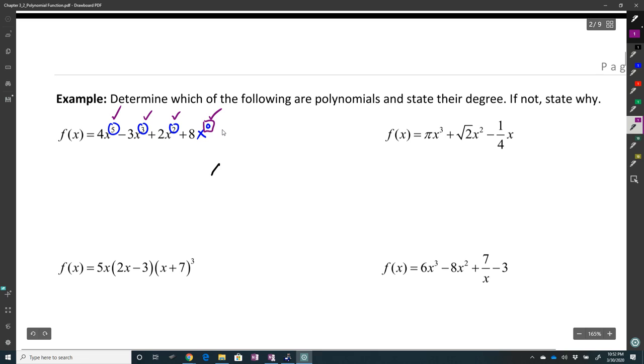Anyway, maybe to show that it fits the form. So now I look at all the numbers in front. Are all of these numbers real numbers? And the answer is yes. So then, yes, it's a polynomial. And what degree? Well, the largest exponent is 5. So it's a degree 5 polynomial.